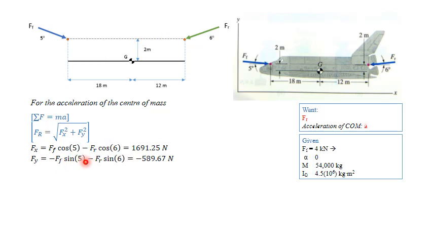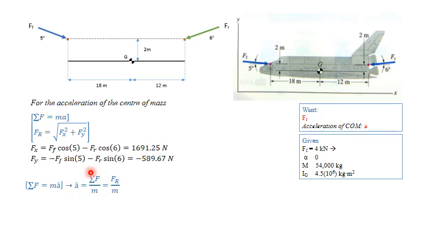For the y direction, once again our sign convention is going to be pointing down, hence we have negative Ff sine 5, negative Fr sine 6. And you can see we've ignored the weight force, but the net weight force would normally be positive mg over here. That's going to give us negative 589.67 newtons. Summing the x and y components to determine the resultant force, and subbing and rearranging this equation to give us the acceleration of the center of mass.